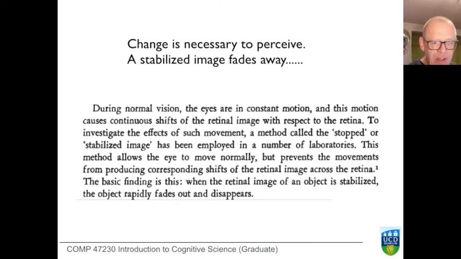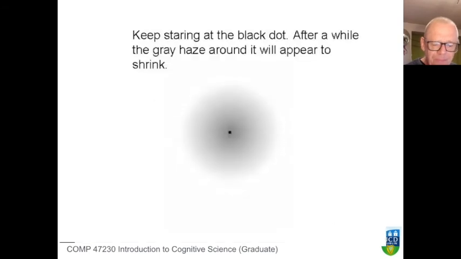We can illustrate this. I'm not sure this is going to work very well because you're viewing this on your computer. But if you will, reassure yourself first that in this display there is a central black dot and a penumbra or surround of grey.